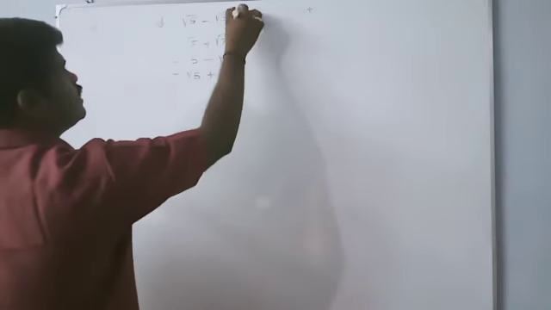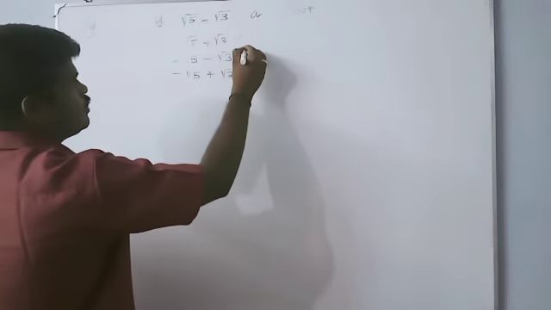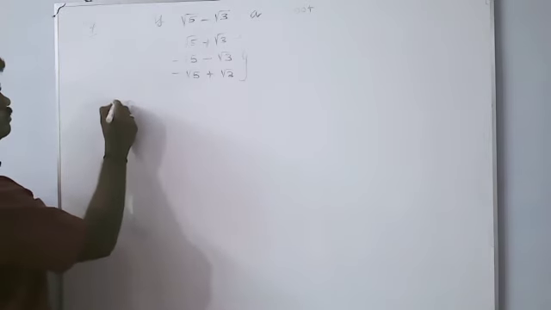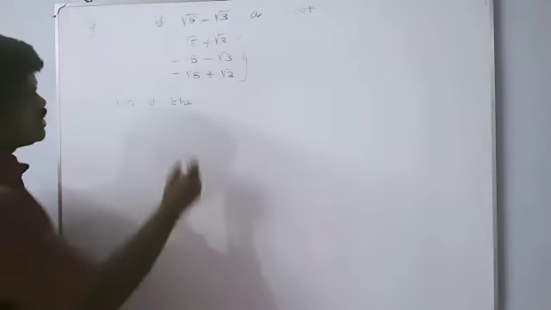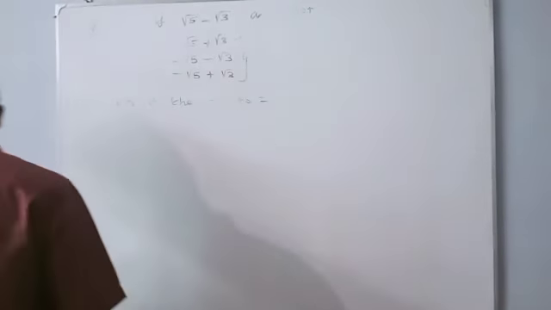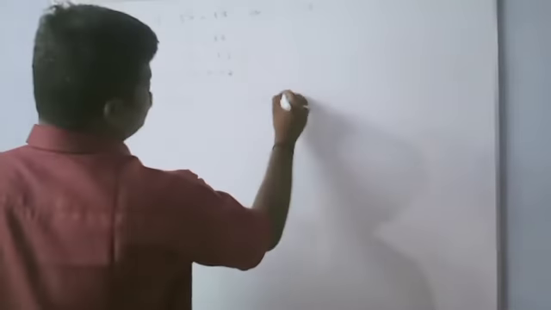Let us take the first set of 2 roots and the second set of 2 roots. Take the first set of roots. The sum of the roots is equal to root 5.